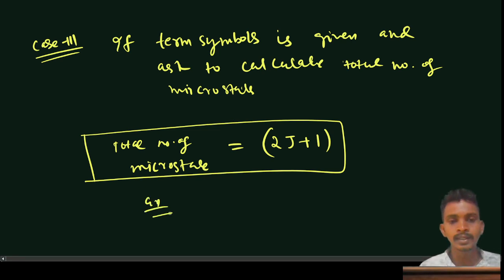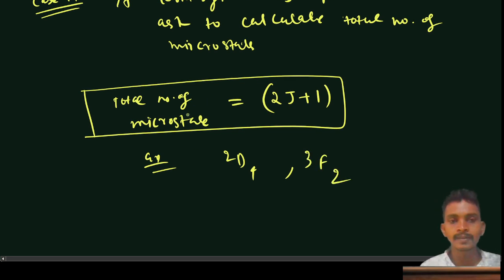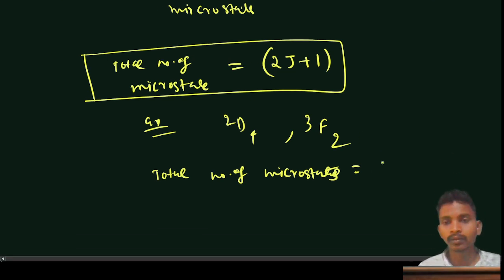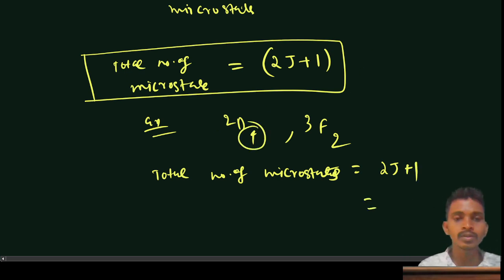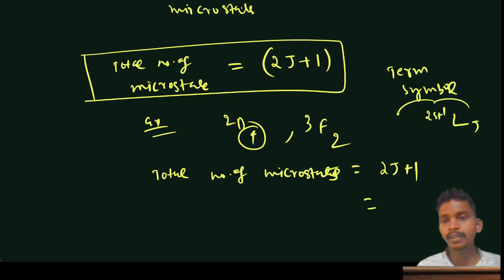For example, let's say the term symbol given is 3D4, or let's say 4F3/2. If asked for the total number of microstates, then the total number of microstates is equal to 2J + 1. The term symbol representation is L with 2S + 1 and J, so this J value we have to put here.